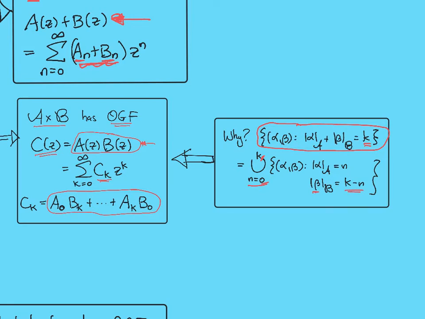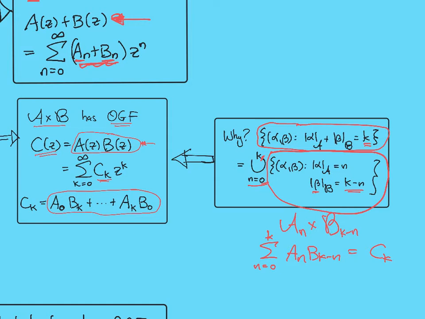What we're computing in this part is exactly stuff of size n in A, Cartesian product stuff of size k minus n in B. And so the size of this set will be a_n b_{k-n}, and then we would just add this as n goes from 0 to k, and that exactly gives us c_k.